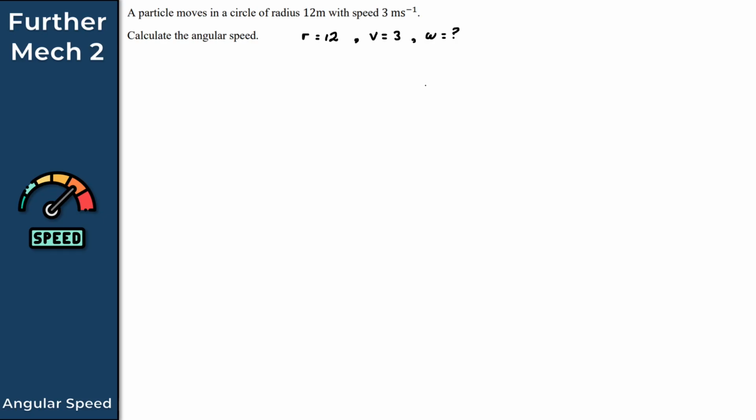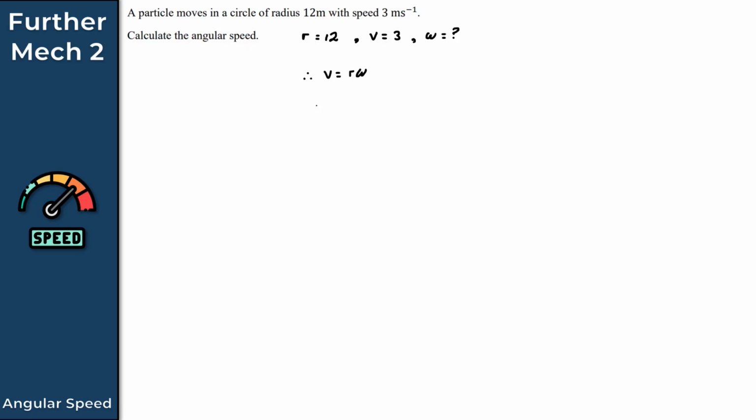So do we have a relationship here that connects r, v, and omega? Well, of course we do. As we mentioned in the introduction, v is equal to r times omega. So we know r, we know v, and by using this relationship here, we can easily solve for omega.